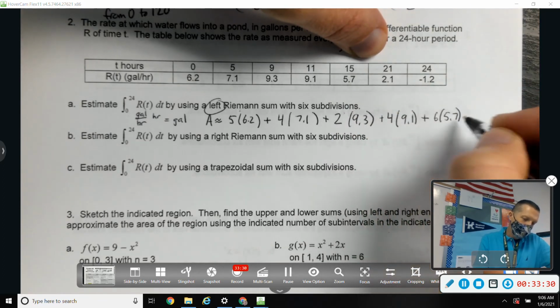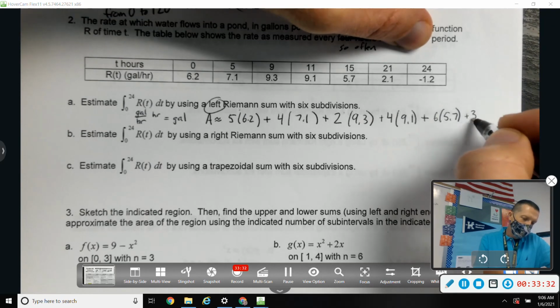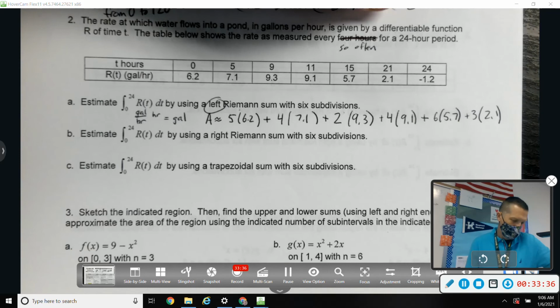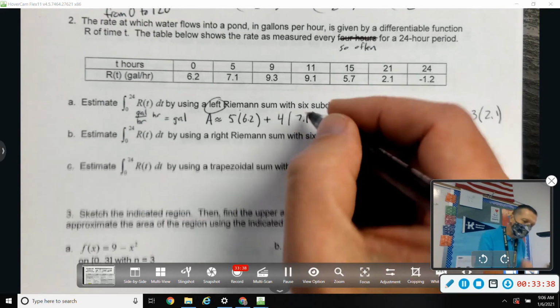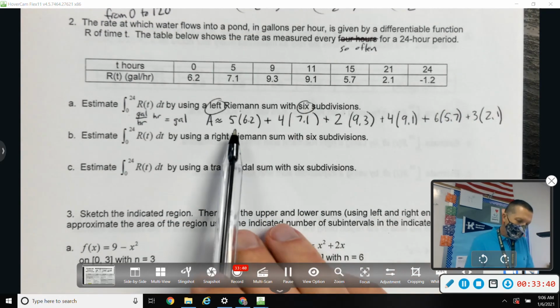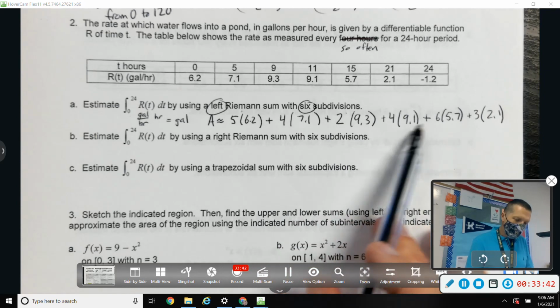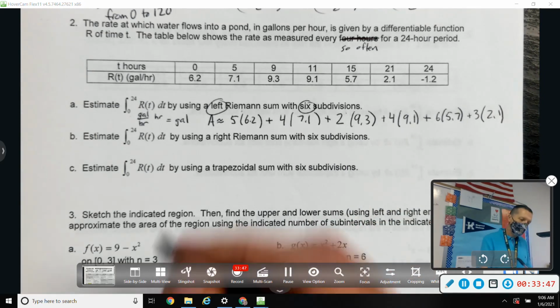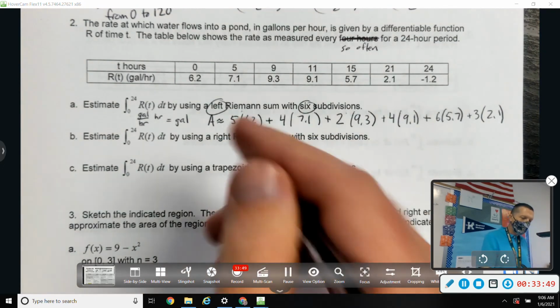And the next one is 3, and I'll use the left-hand value. And then I should go back and make sure that I indeed have 6 rectangles. 1, 2, 3, 4, 5, 6. And safe stop, you can leave it at that.